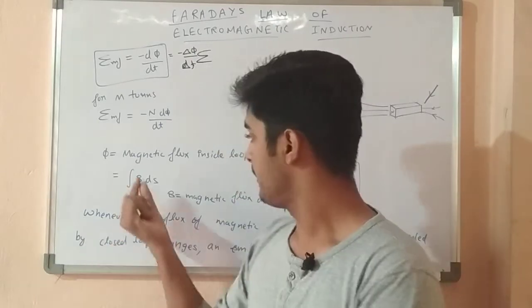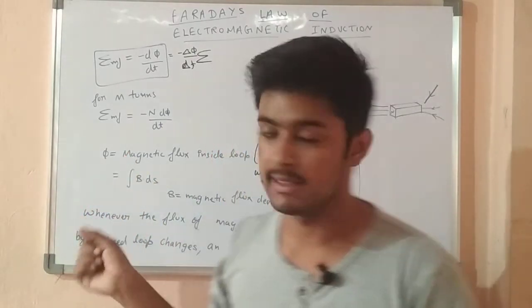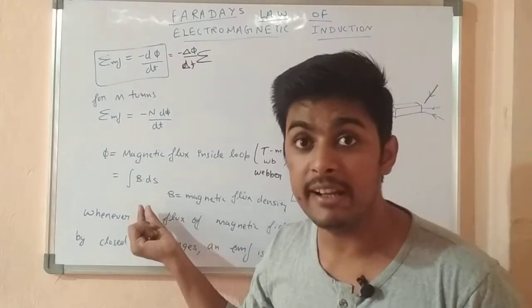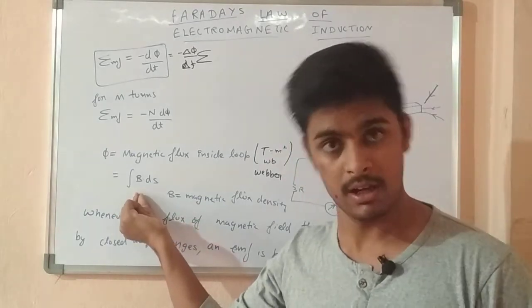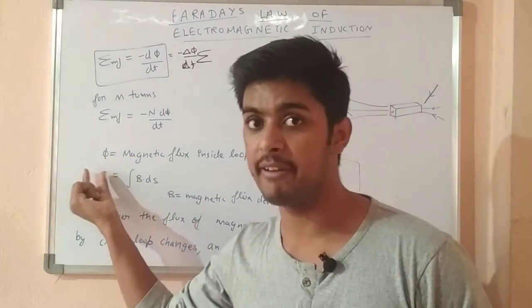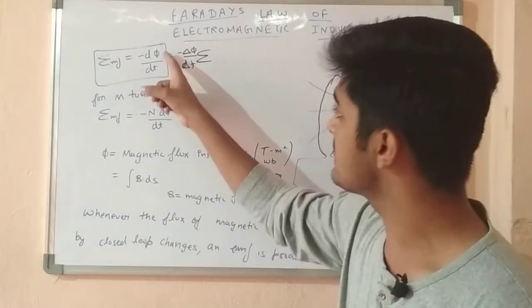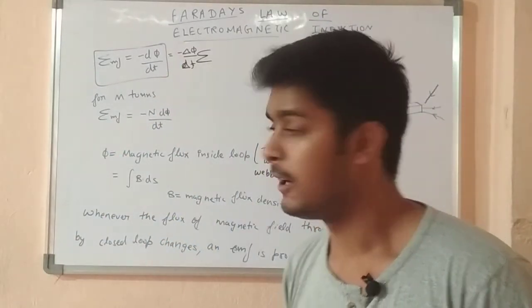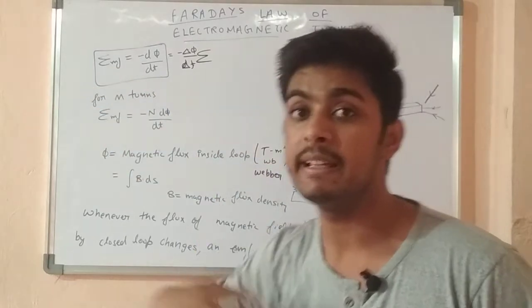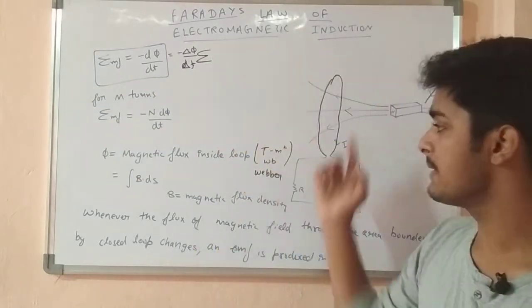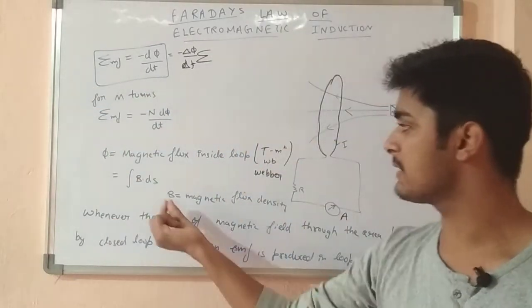That is the integral of B dot dS, the area integral of the magnetic field. Then we can determine phi. Phi is magnetic flux. So the change in this magnetic flux will give us the resulting EMF across this loop. This was the statement.